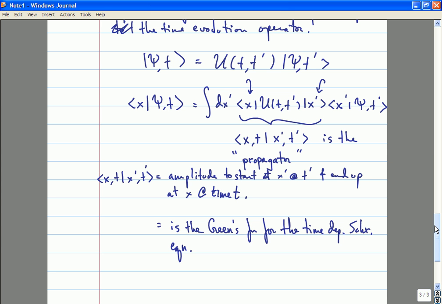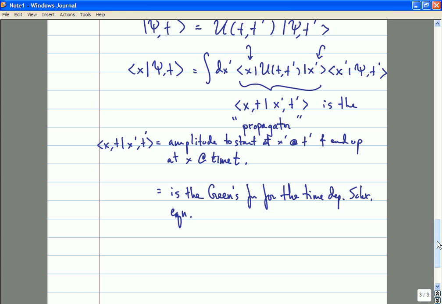And the important point about this propagator, and the reason why it's called a Green's function, is that it is also a solution of Schrodinger's equation. It's just a special case of Schrodinger's equation where we happen to start the particle in a delta function in position space, rather than in some more generic initial state, psi, at some early time t prime.